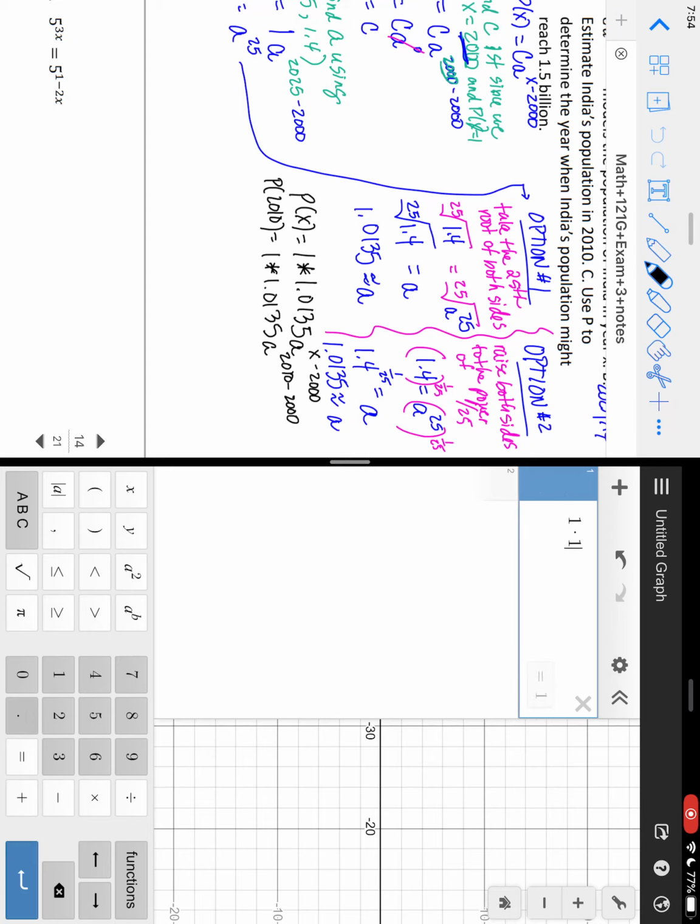Okay, so let's do 1 times 1.0135, to the power of 2010 minus 2000, and I need to put parentheses here, minus 2000. I get an answer here.